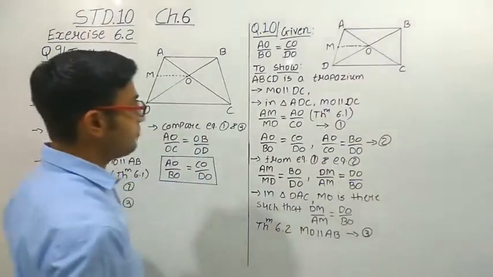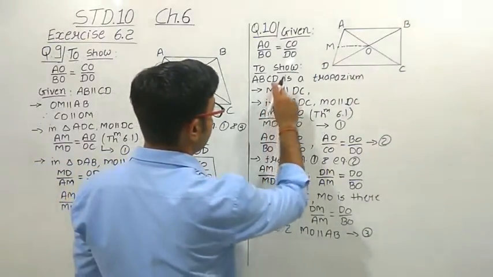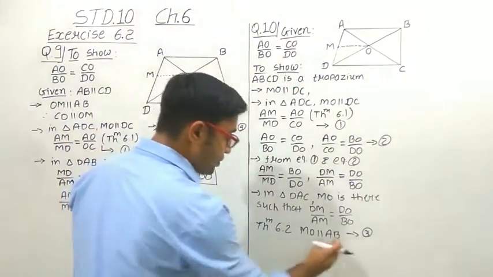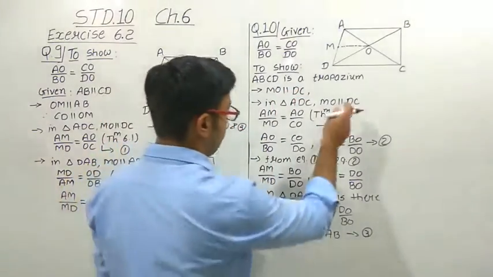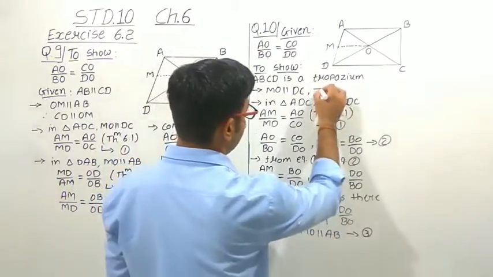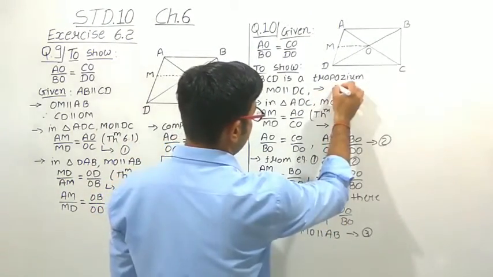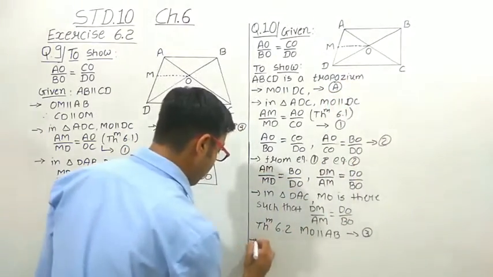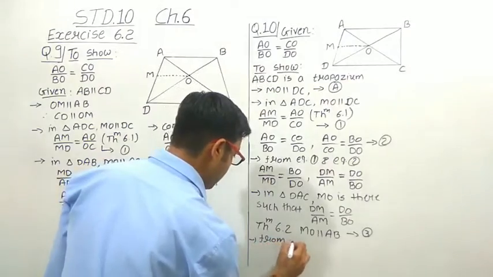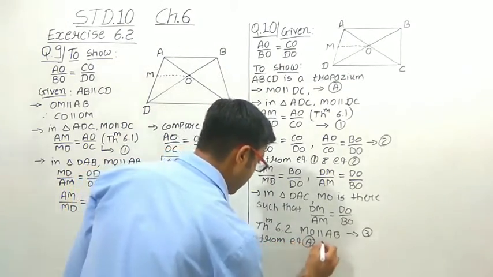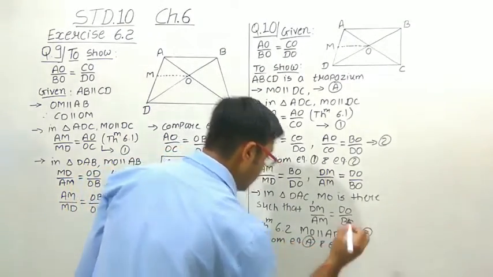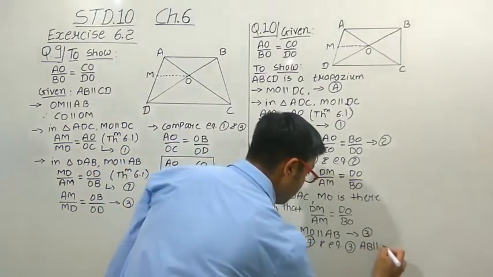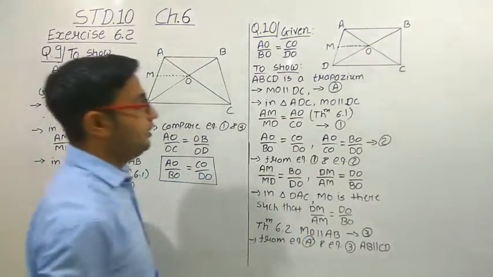Now see, here we considered that MO is parallel to DC. Here we get MO is parallel to AB. So from this and this, right? Okay, here we do not give any equation, give it equation number A. So from equation number A and equation number 3, now we can write down that AB is parallel to CD, right?